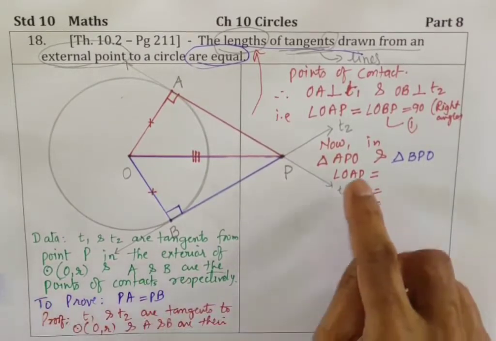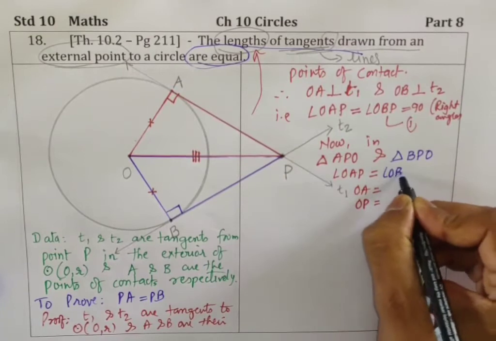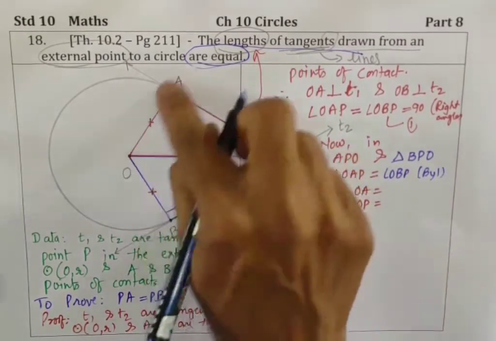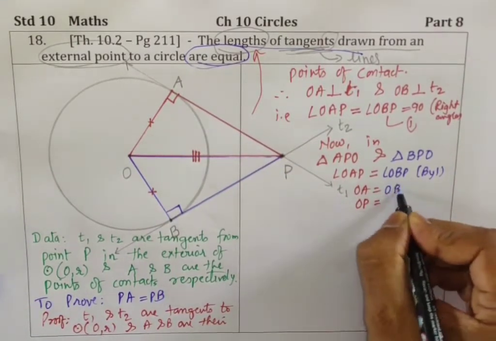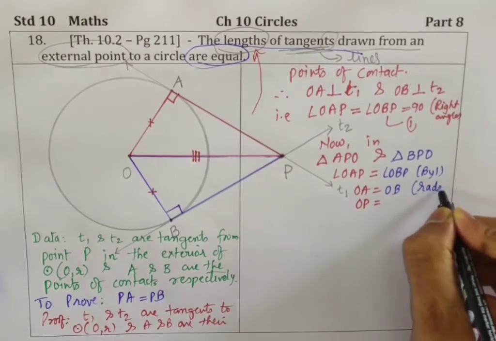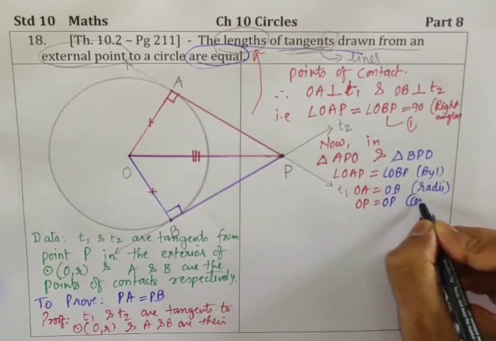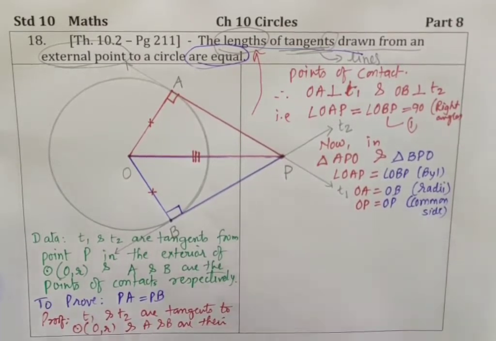Correct? Now angle OAP is equal to angle OBP, you can say by 1. OA equal to OB, you can say radii, and OP equal to OP, you can say common side. Correct?